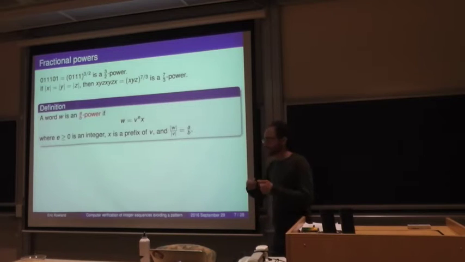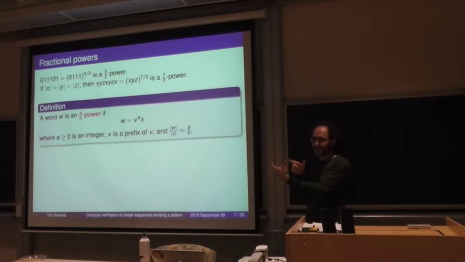So, what's a fractional power? A fractional power is like a partial repetition. So a 3/2 power, if you have a word that has length that's divisible by 2, you would write that word twice, but chop off the last half of the last word. So you take the word and then the first half of the word. That's a 3/2 power.